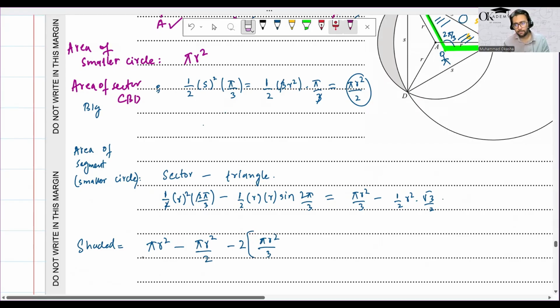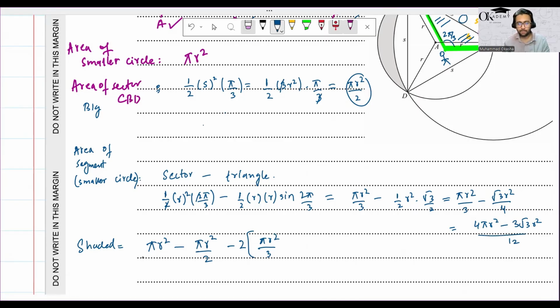Let's simplify this a little. Pi r squared divided by 3 minus square root 3 r squared divided by 4 is 4 pi r squared minus 3 square root 3 r squared divided by 12. Let's do it this way, so that it turns into a single fraction.